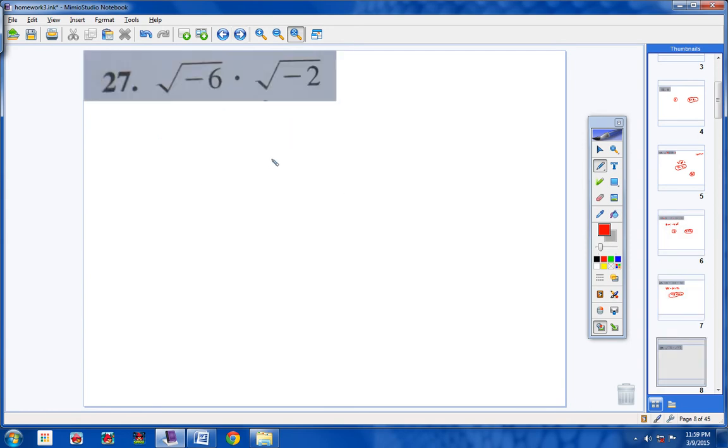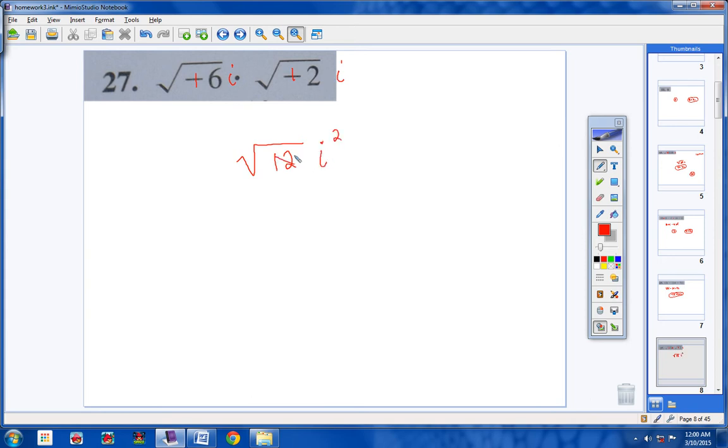Okay, here we go. Now, first of all, remember, you must always make the negative signs positive first. So make it positive, put an i here. Make it positive, put an i here. That's the first thing you must do. Now multiply the two radicals together. 6 times 2 is 12. And of course, i times i is i squared.